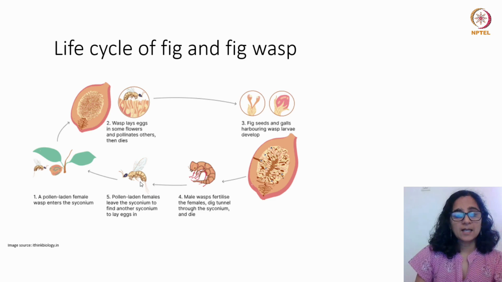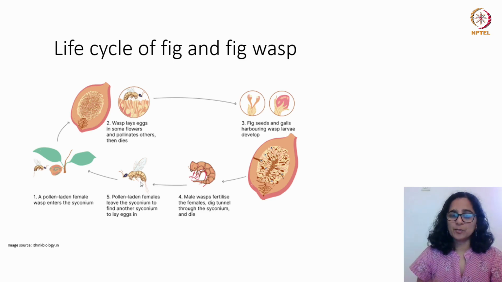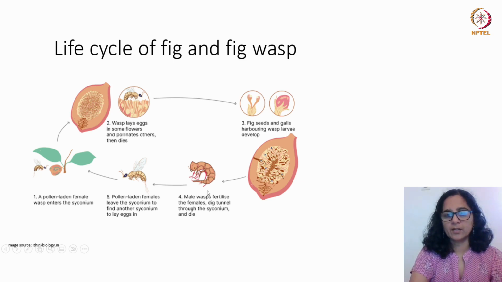So the males never see the day, right? So they never get out of a fig fruit. So that's why they don't have to have big eyes. They don't have to have a big antenna. So their whole life is spent inside the syconium.